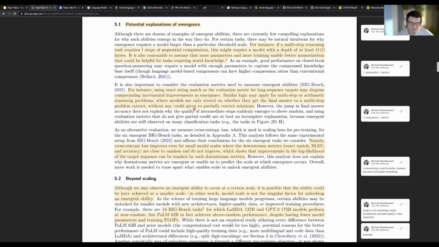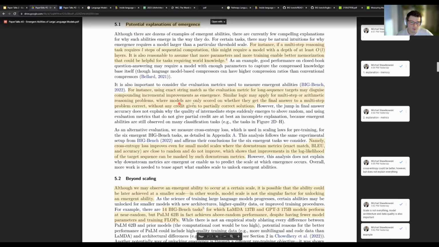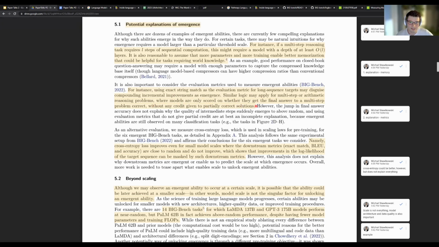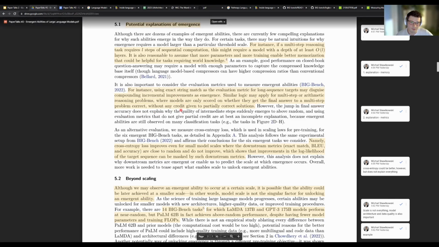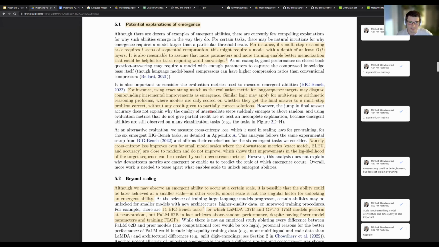is that the metrics actually matter a lot. So, for instance, using exact string match as the evaluation metric for long sequences targets may disguise compounding incremental improvements as emergence. Similar logic may apply for multi-step or arithmetic reasoning problems, where models are only scored on whether they get the final answer to a multi-step problem correct, without any credit given to partially correct solutions.